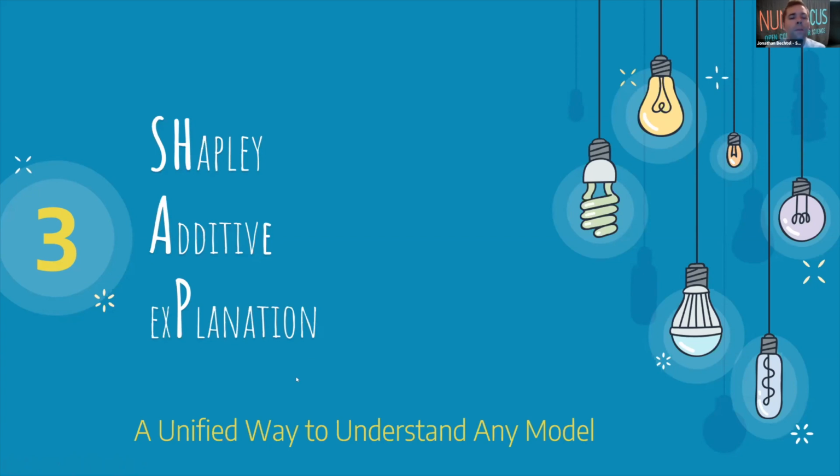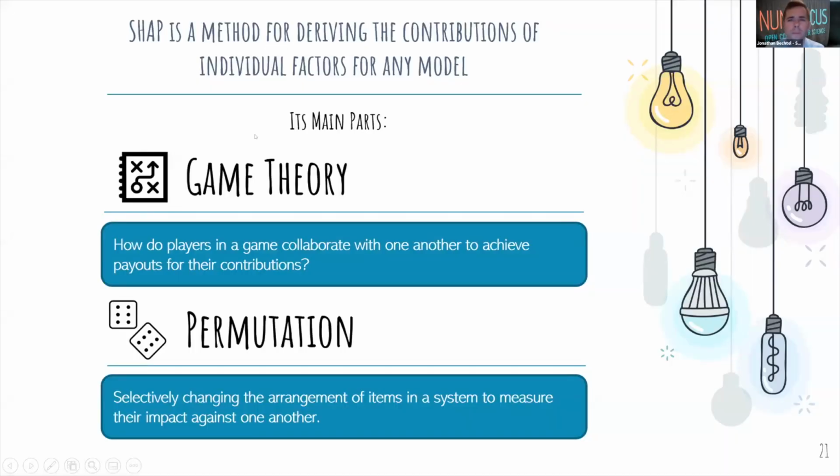Their more polished implementation didn't come around until about 2019. It's definitely had a very big impact over the last 2 years or so. The idea is that it is a game theoretic way to explain the contributions of any particular model, regardless of how it arrives at its answers.